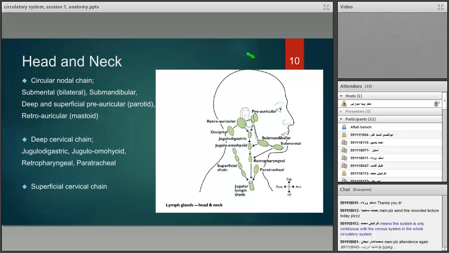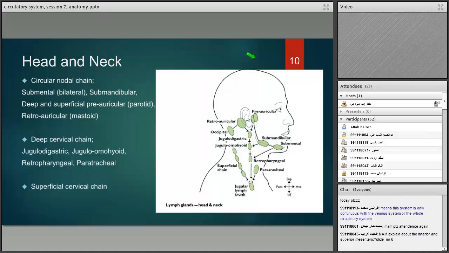So if this person works hard with his or her upper limb, after some time we can see a kind of inflammation in the upper limb.